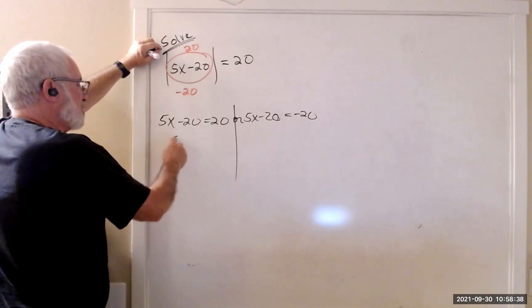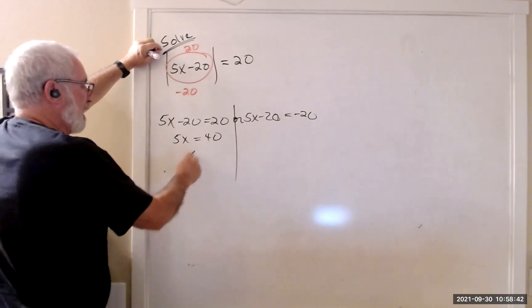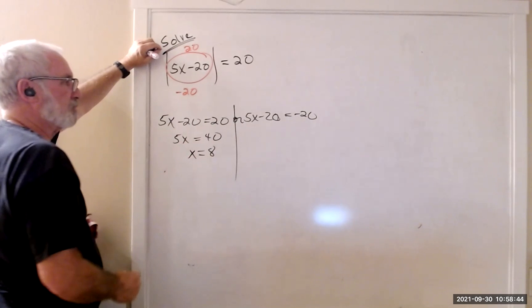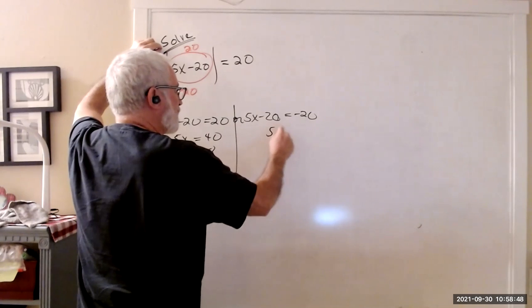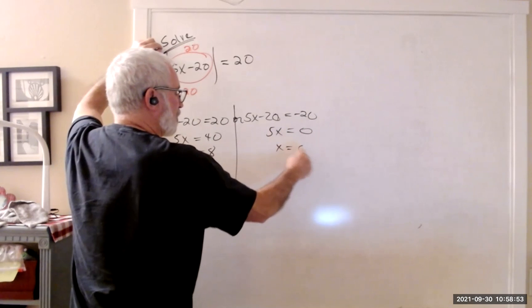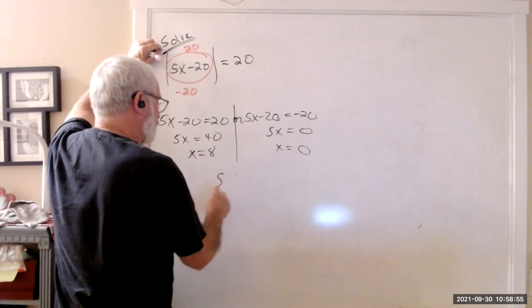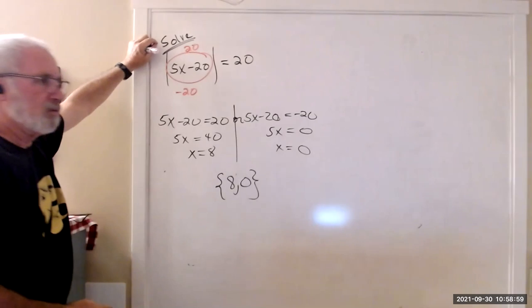We solve this: 5x equals 40, divide, x is 8. Solve this: add 20 to both sides, 5x equals 0, divide by 5, x equals 0. So this problem had 2 solutions, 8 and 0.